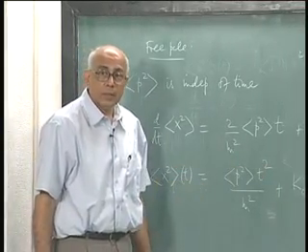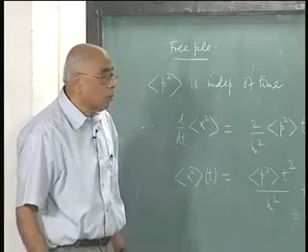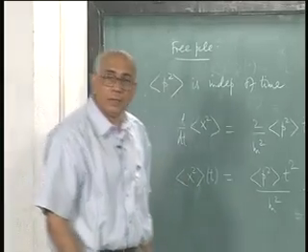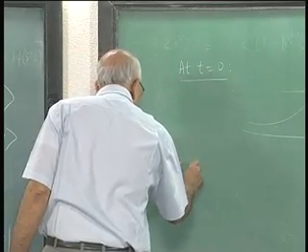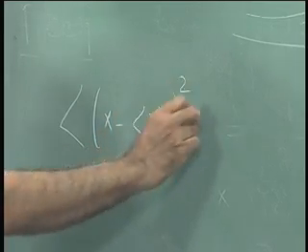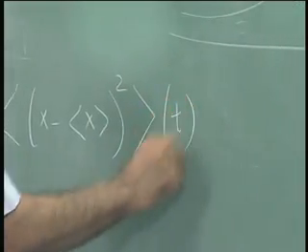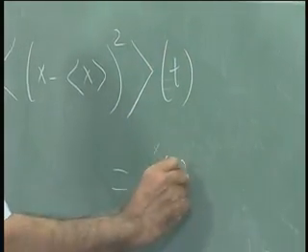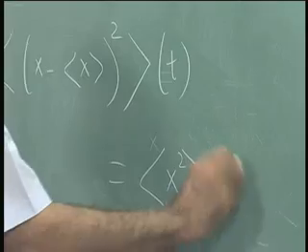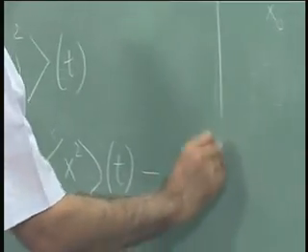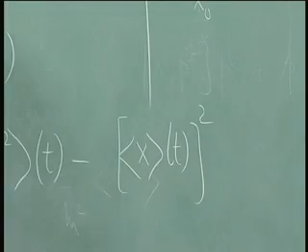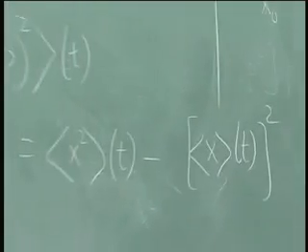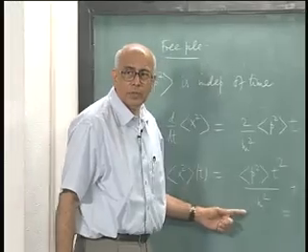And now the question is, what does the uncertainty delta x itself do? So what you have to compute is expectation value of x minus x average whole squared as a function of t, but that is the same as x squared as a function of t minus x average as a function of t whole squared. So all you have to do is to square this and subtract from this.